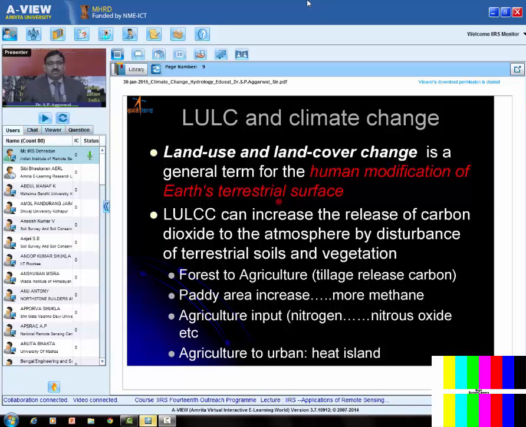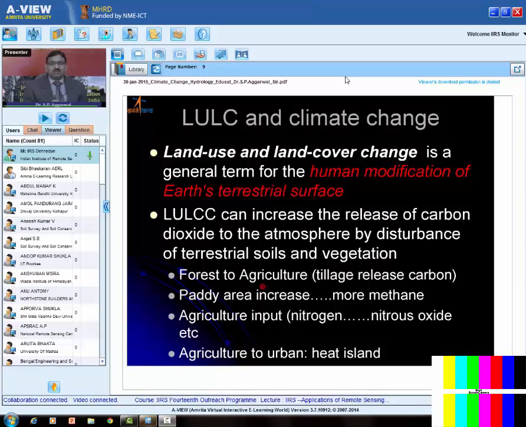So let us see how it is influencing and how it is releasing carbon to the atmosphere. LULC change can increase the release of carbon dioxide to the atmosphere by disturbing terrestrial soils and vegetation. For example, when you cut the forest and convert it into agriculture, you are basically removing a carbon sink.